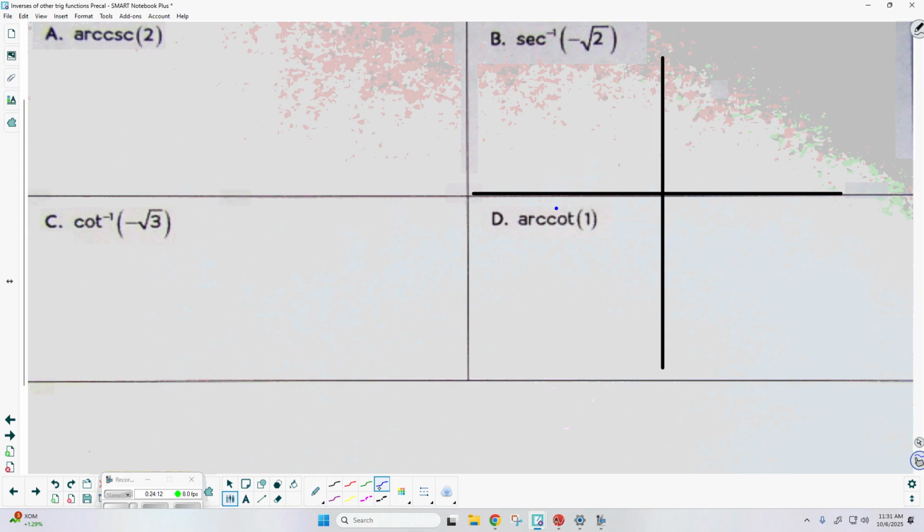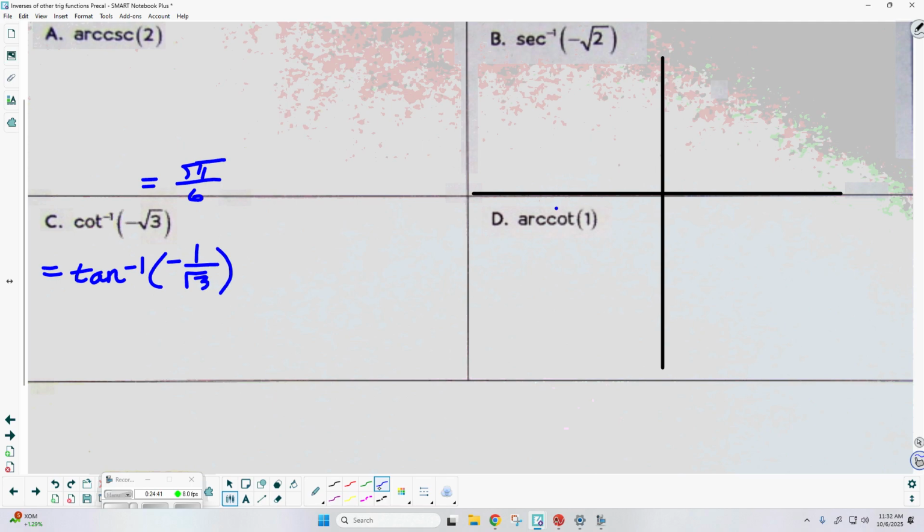Here's what you should have gotten. Cotangent inverse of -√3 is 5 pi over 6. How many people got that right? Okay. All right, well, let's go ahead and talk about it. Cotangent inverse of -√3, first thing I'm going to do is rewrite it. So this is tangent inverse of -1 over square root of 3.